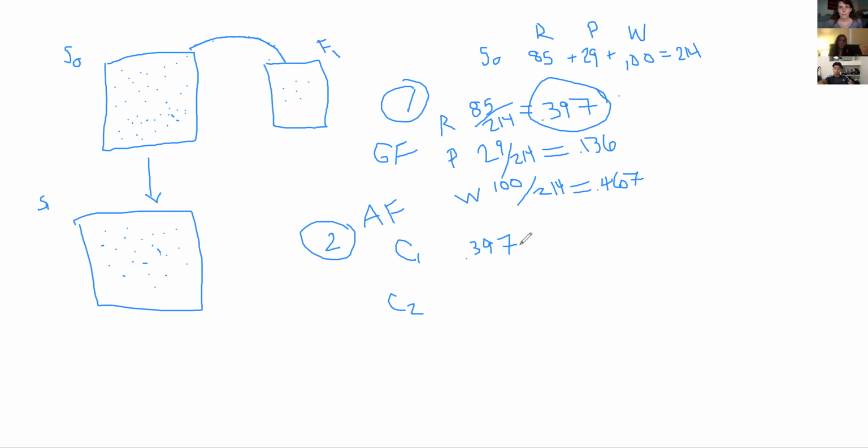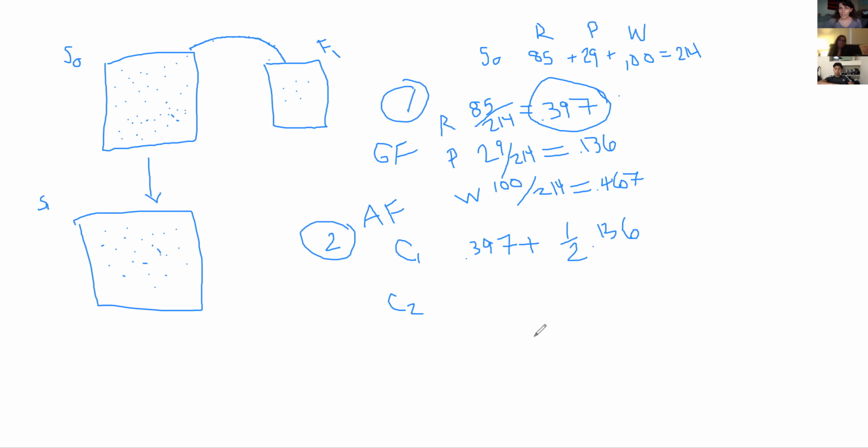0.397 plus, and remember the pink-eyed guys, half of their alleles are from the C1 because they have pink eyes, they have 1 red and 1 white allele. So to get the total number of C1, we have the ones with just C1 plus 1/2 of the ones with pink eyes.